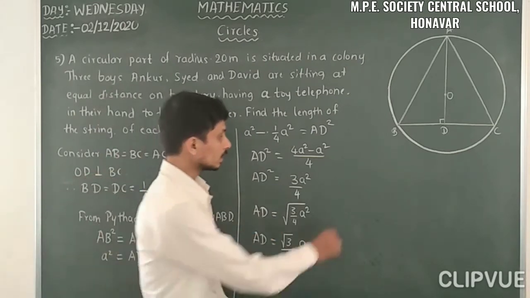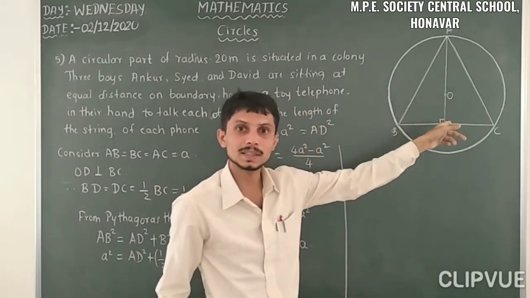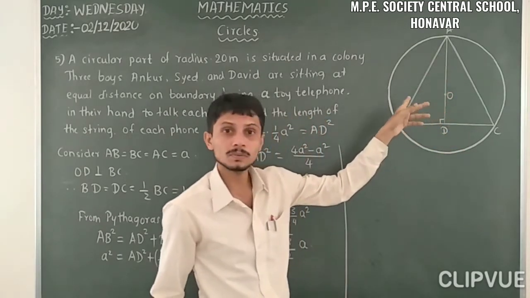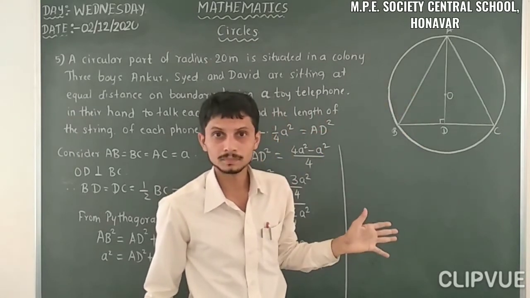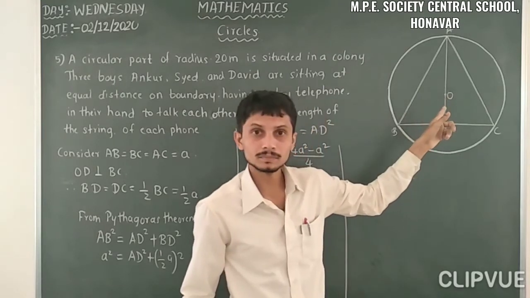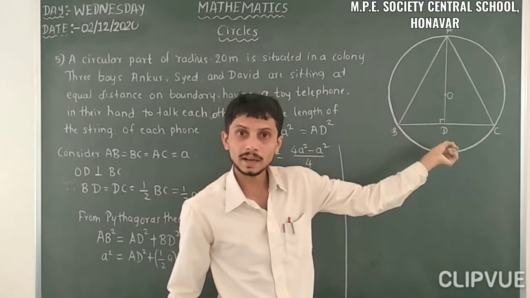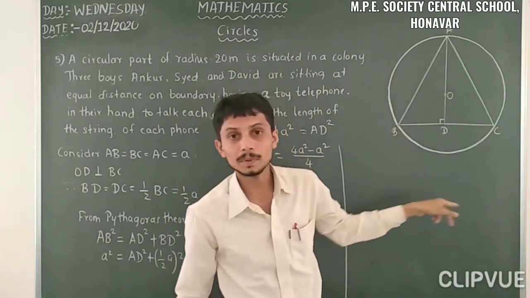Here just observe. O is the center of the circle. We have the value of the radius, that is, the OA value we know. Also, when the center is inside the triangle, it circumscribes a circle.